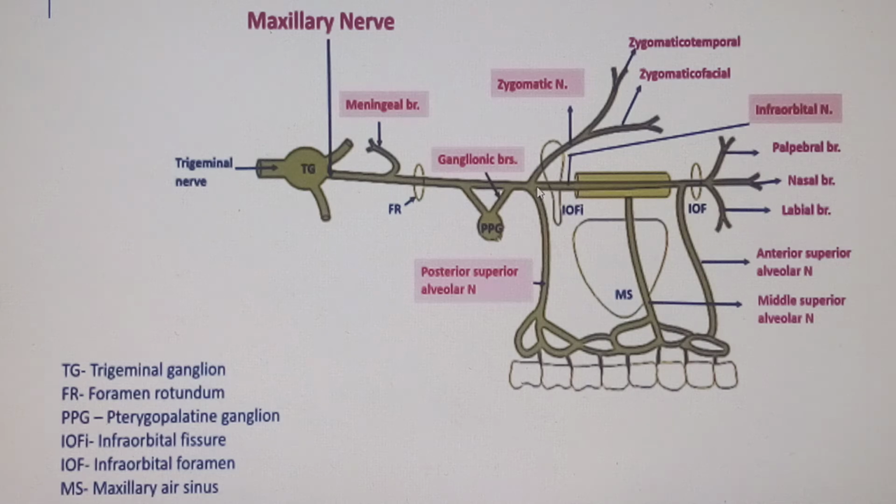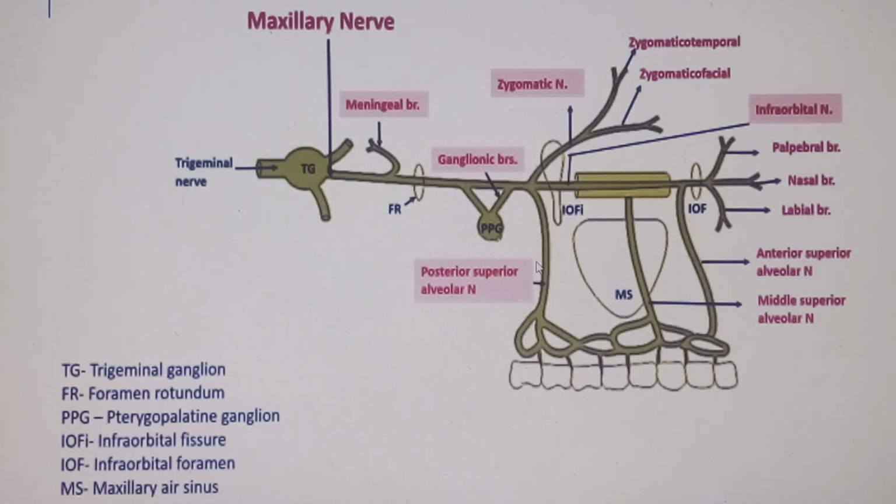Then before it goes there, it goes into this fascia. Yes, it gives a branch to go backwards, to supply these teeth over here in the posterior aspect. So that's why we call it posterior superior alveolar nerves. Now remember that the alveolar nerves over here, they are all superior, but the catch here is that unlike in the case of the mandibular nerve, where we had only the inferior alveolar nerve, this one we have one in the anterior aspect, in the middle, and then the posterior.